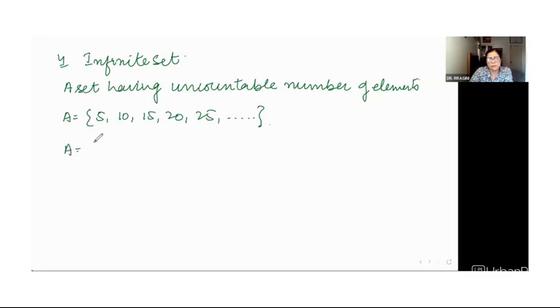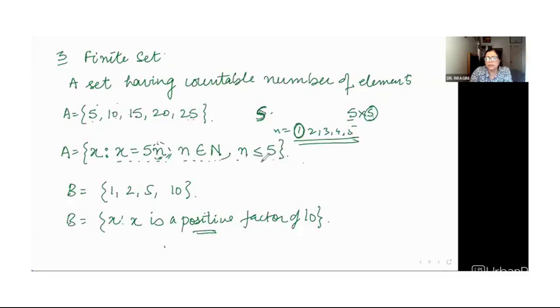So how can we modify this in the set builder form? X is such that X is equal to 5n, and n belongs to N. But we had written here, n is less than equal to 5 because we had the last element known to us.